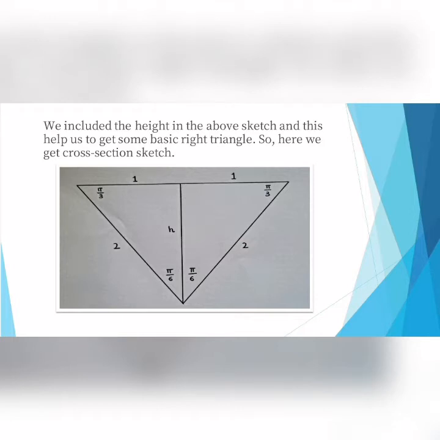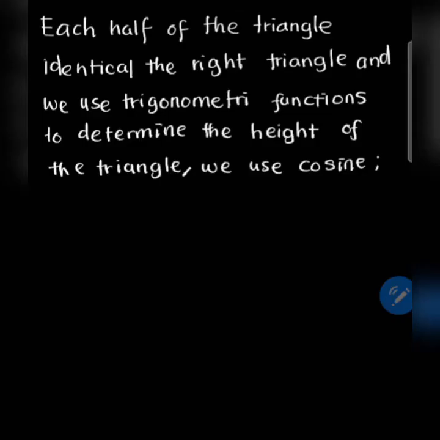Because it is an equilateral triangle, each of the interior angles of the triangle must be π/3 and the length of each side is 2. Each half of the triangle is identical to the right triangle, and we use a trigonometric function to determine the height of the triangle. We use cosine.